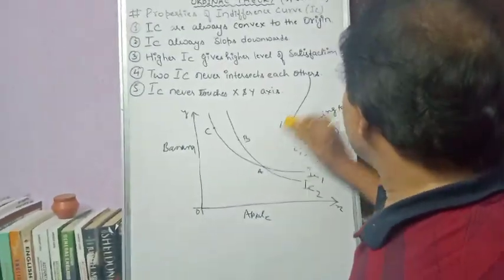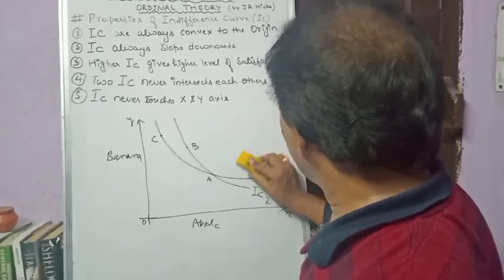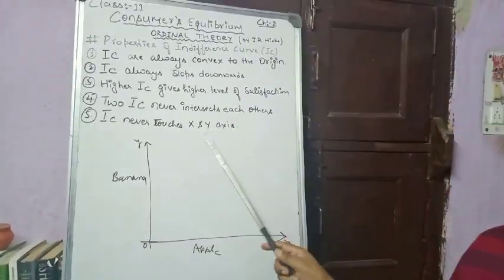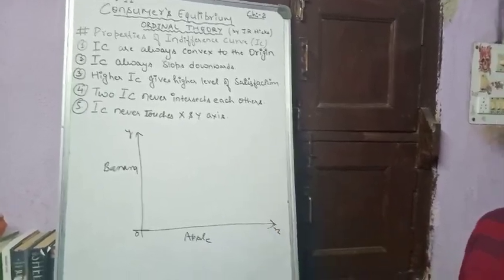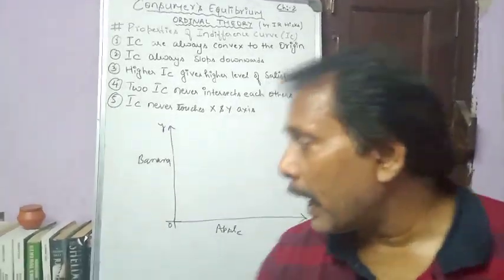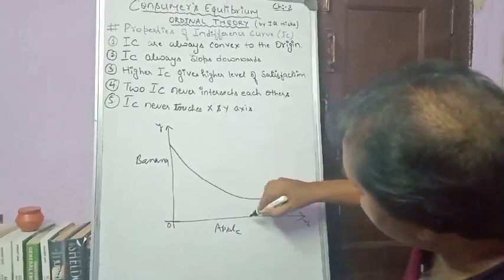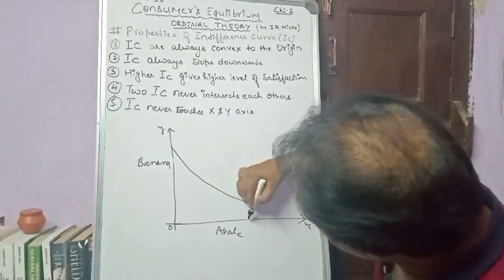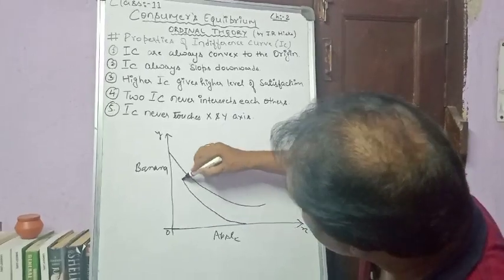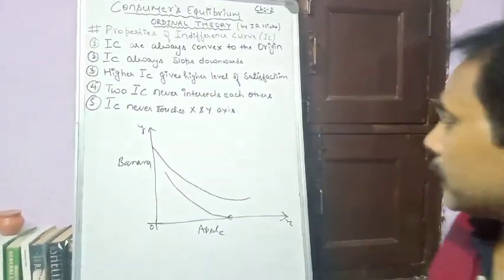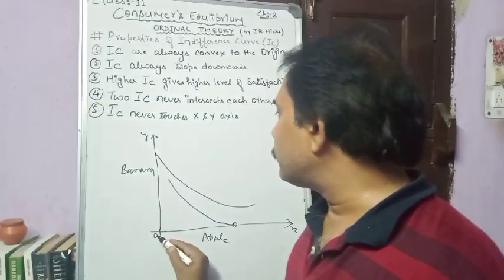Is it clear? Now come to the next one. IC never touches the X and Y axes. If the IC touches the x-axis, it means apple will become 0.